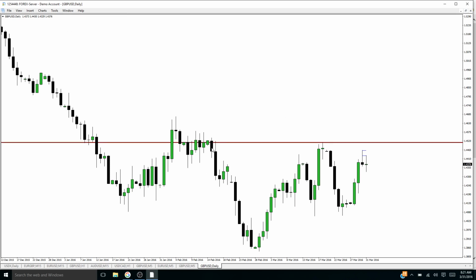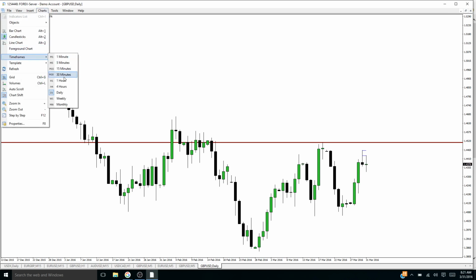And this is the one you've seen me tweet, I believe it was this one, I'm not sure now. I might be speaking too soon, but going down back to an hourly chart.